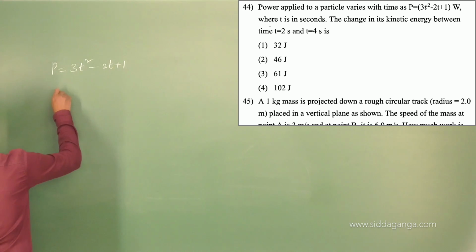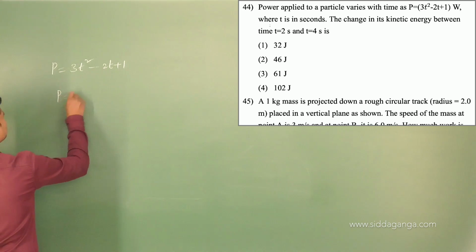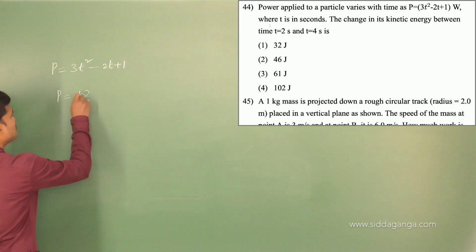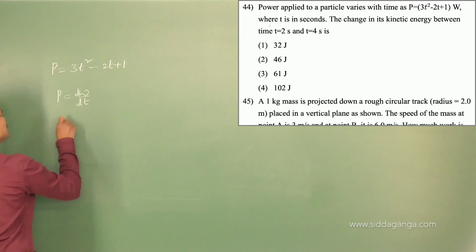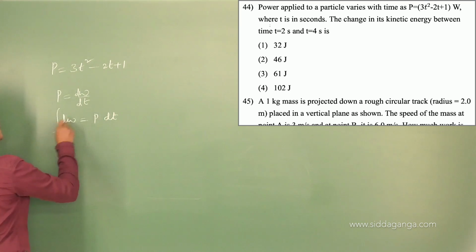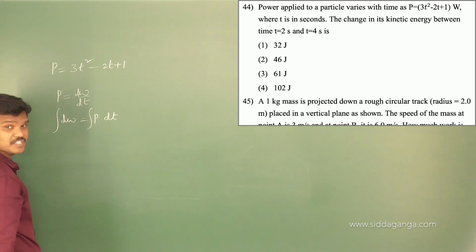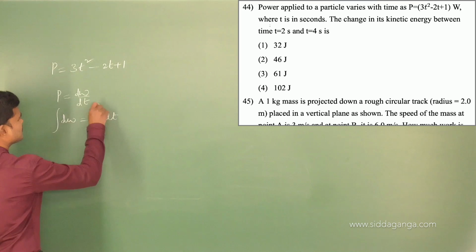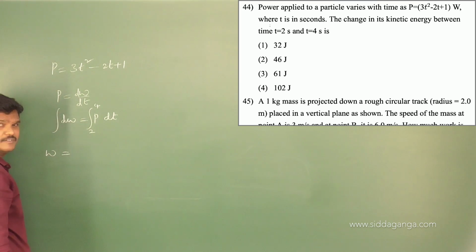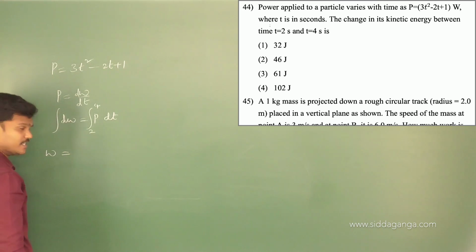So we can write power is work by time, we can write dw by dt. So dw is equal to p dt. So apply the integration with limits they mentioned, from 2 to 4 seconds. So this w is nothing but, from the work energy theorem, equivalent to change in kinetic energy.